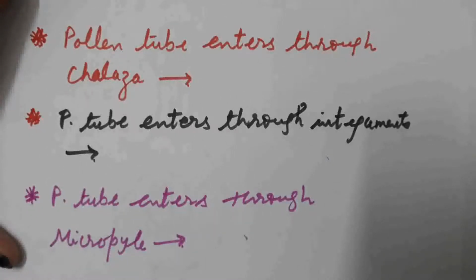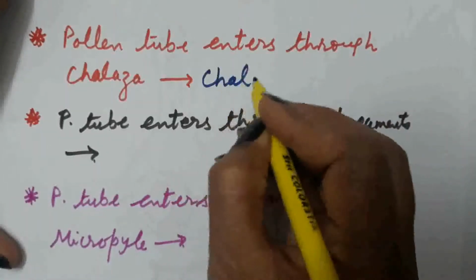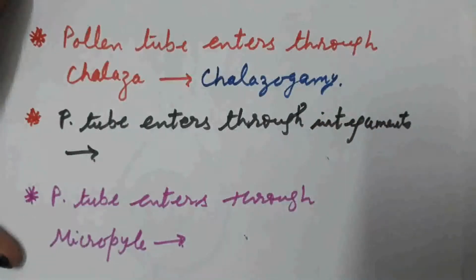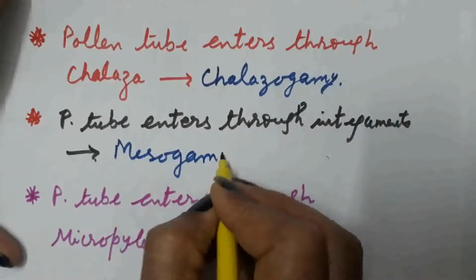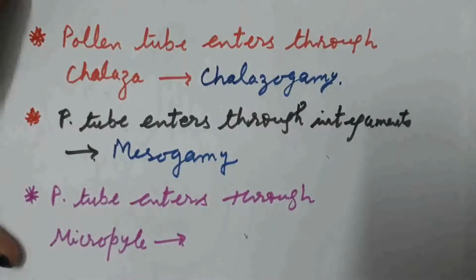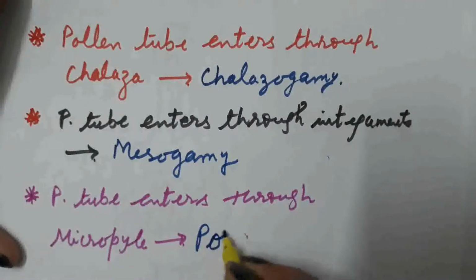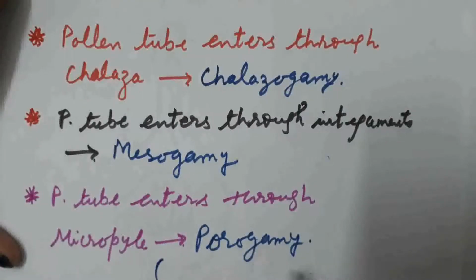If the pollen tube enters through the chalazial end, then it is known as chalazogamy. If the pollen tube enters through integuments, then it is known as mesogamy. And if the pollen tube enters through the micropyle, then it is known as porogamy. This porogamy is the most common type.